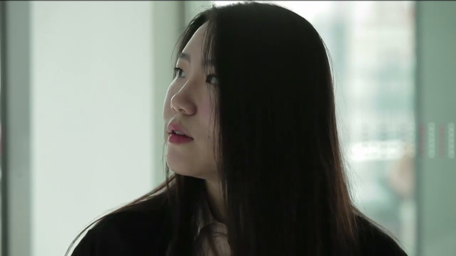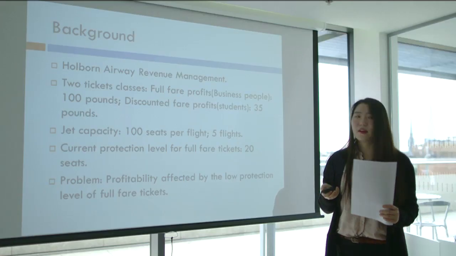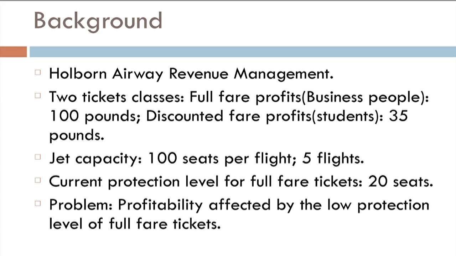Now I'm going to introduce the background of the case we're going to talk about today and what the issues are. Harbin Airways is a fixed-route airline company, and in our simplified model it offers two types of tickets.